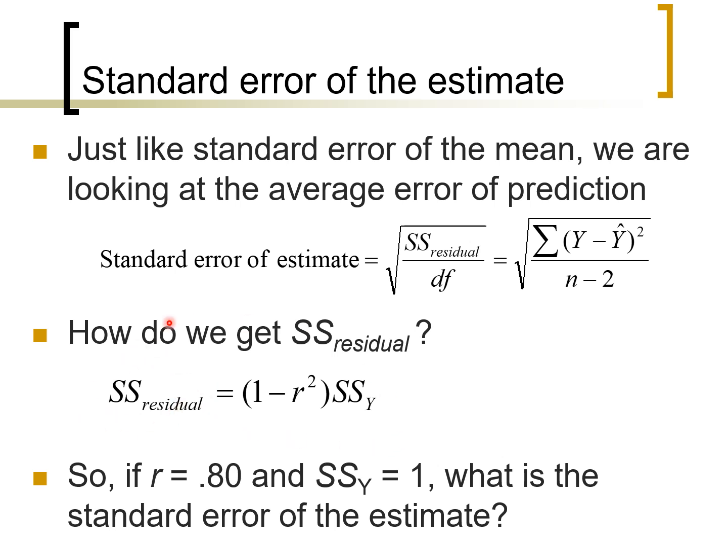So simple math, and that's how we get our residual. Again, for a high correlation, we get a small residual. If that correlation is a lot smaller, let's say 0.25, then we get a bigger sum of squared residual.